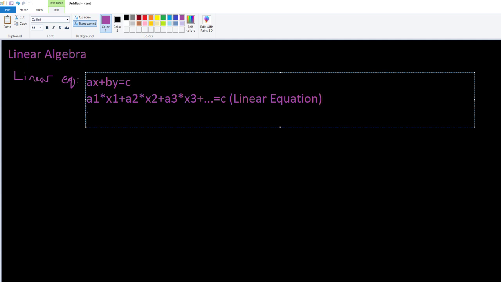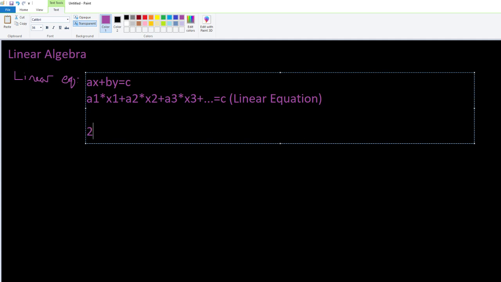All the a's, all the a1, a2, a3, are just real numbers. They're constant real numbers, not variables. They can be 0, or any negative number, or any positive number, but they're not complex numbers in this case. They're just real. So here's a specific example: 2x1 minus 3x2 plus 5x3 equals 7.